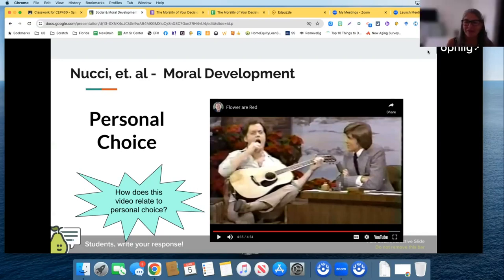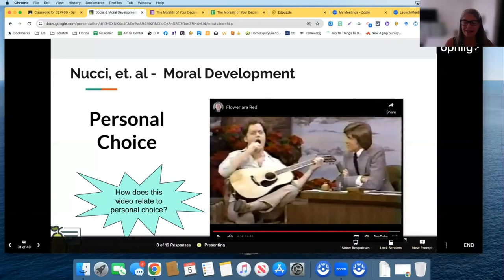So it was really not a matter of right and wrong. It was just personal preference, I guess. Yeah, what harm does it do others to color my flowers whatever color I want, right? It doesn't hurt anyone. So it's a personal choice. Good. All right, let's go on to the next thing.